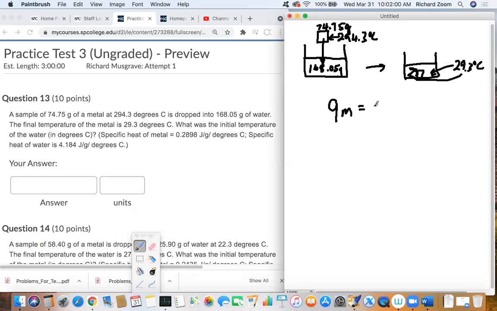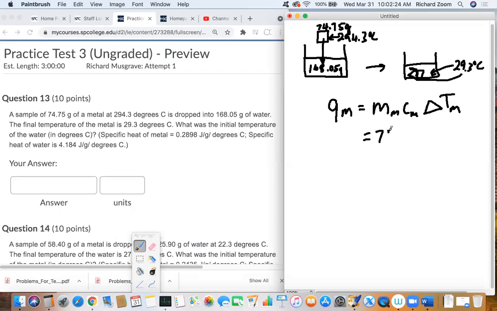So Qm is equal to mass of the metal, C of the metal, delta T of the metal. That means what we're looking for here is the Q value, how much heat was released by the metal into the water.